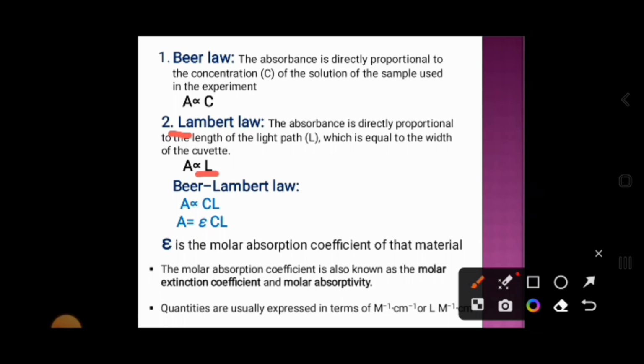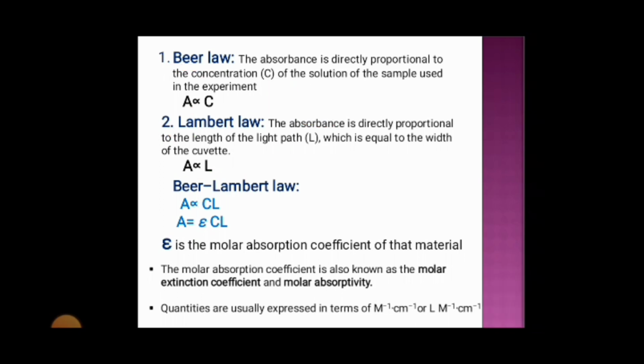So L and L. The other one is the concentration. So in Beer's law, the absorbance is directly proportional to the concentration. Or you can remember that in Beer's law, B is followed by C, and C means concentration. So in Beer's law, absorbance is directly proportional to the concentration, and in Lambert's law, absorbance is directly proportional to L for length, that is, A is proportional to L.